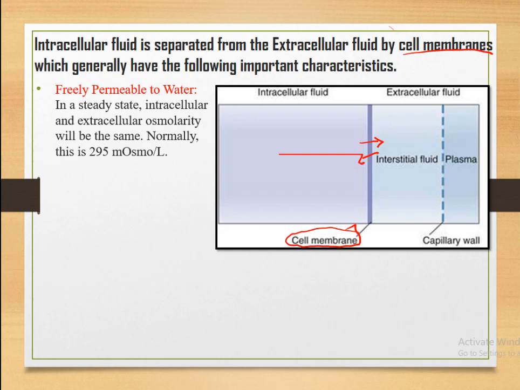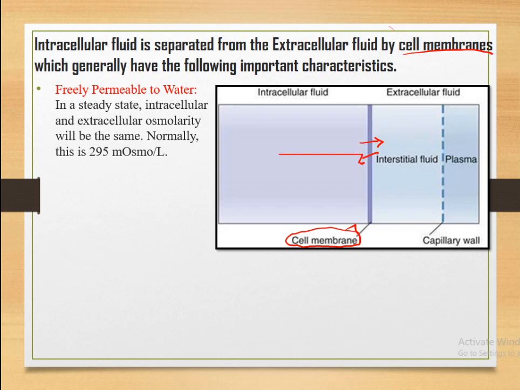The water entering the cell is the same as the water leaving the cell, and that is normally 295 moles per liter. So that's the value which passes through the intracellular.